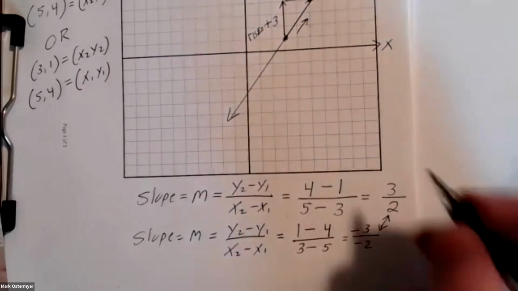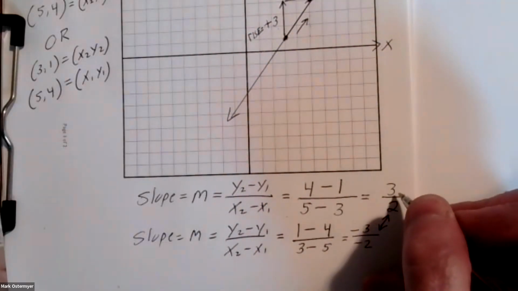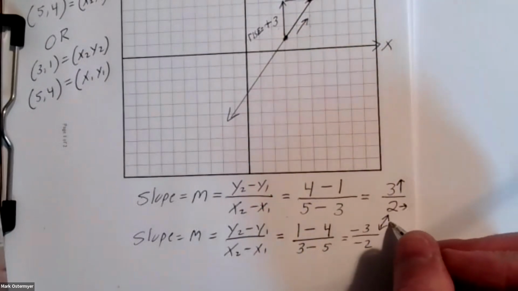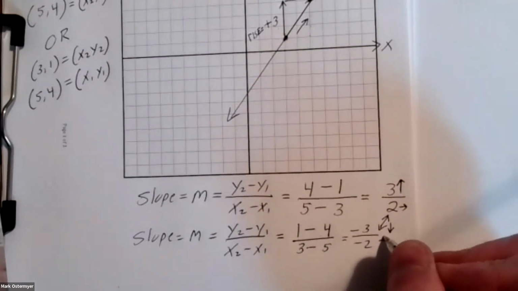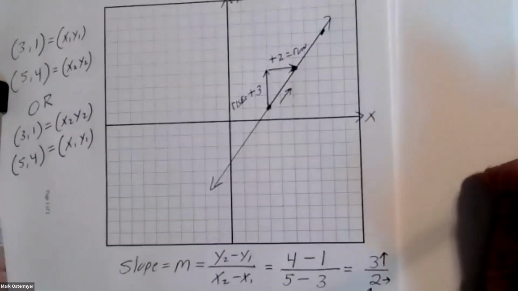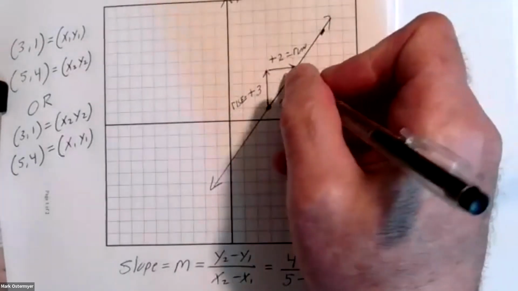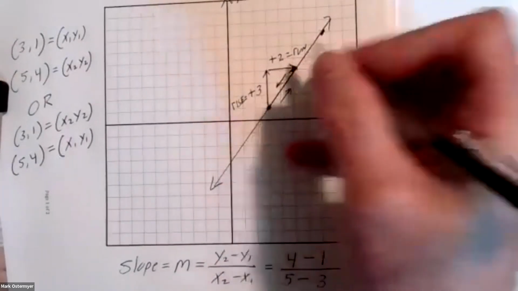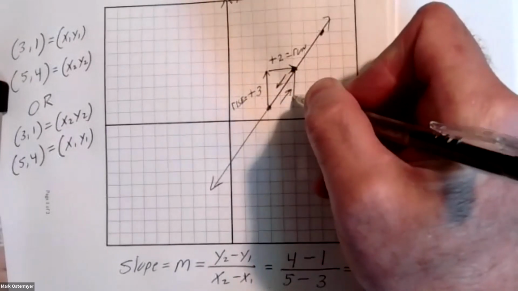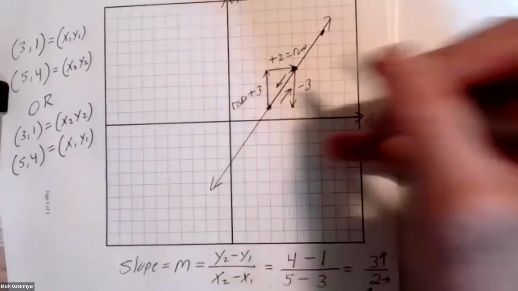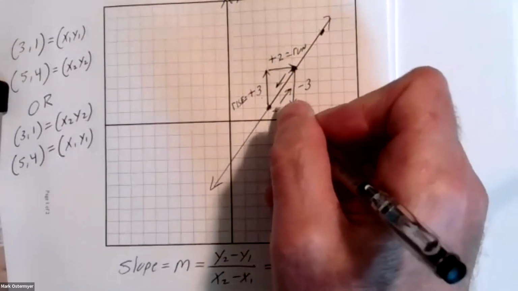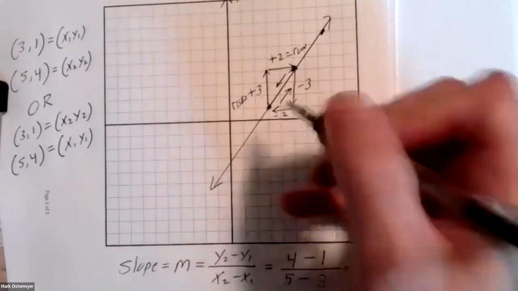So if you go from one point to another point on this line, if you go up 3 and to the right 2, that'll be equivalent as if you go down 3 and to the left 2. Let me show you. In other words, I could have started at this point and walked down to this point along this line, in which case the amount of rise would be in the negative y direction, 3 units, -3, -1, -2, -3, and then the run would be -2 in the negative x direction.